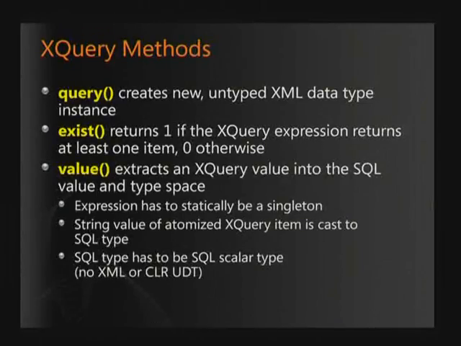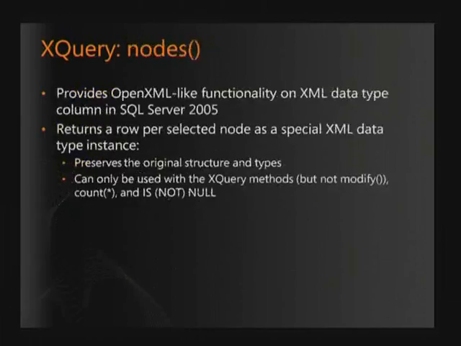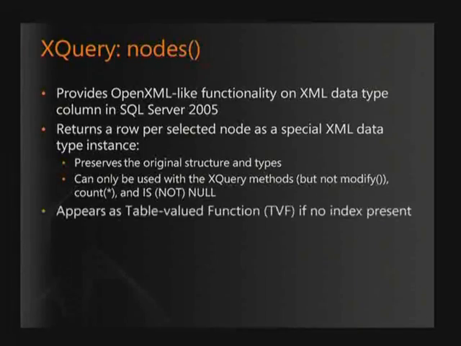There are some restrictions on that, and I'll jump over those. And finally, the nodes method, which gives us back an XML data type for every node that has been specified in the form of a row set. And then I can do one row at a time processing in the relational context. It appears as a table-valued function inside my query plan if there is no XML index specified on the data type.